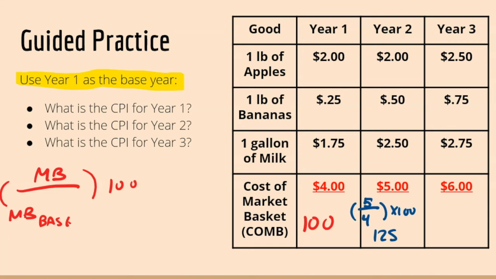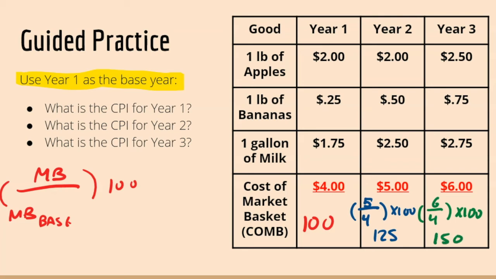For year three, we're going to do the same thing. The cost of the market basket is $6. The cost of the market basket in the base year, which yet again is year one, is $4. Then we multiply it by 100. That gets us to 1.5 times 100, which gets to an index number of 150.